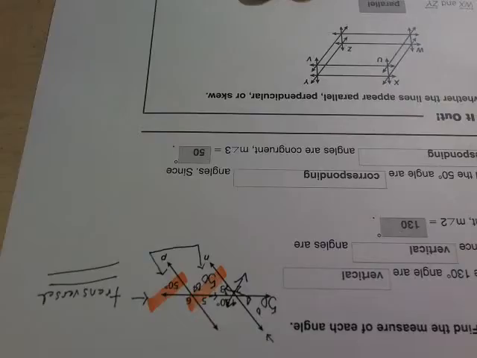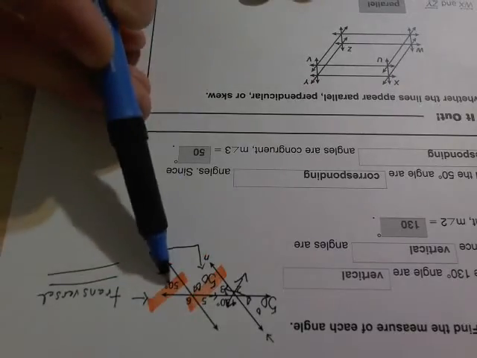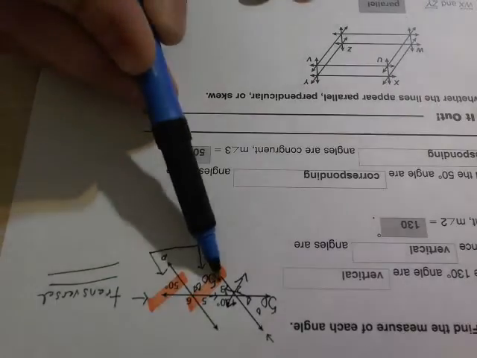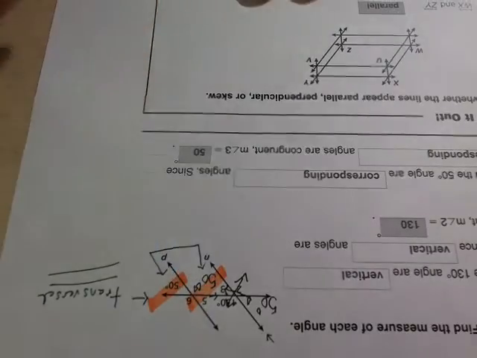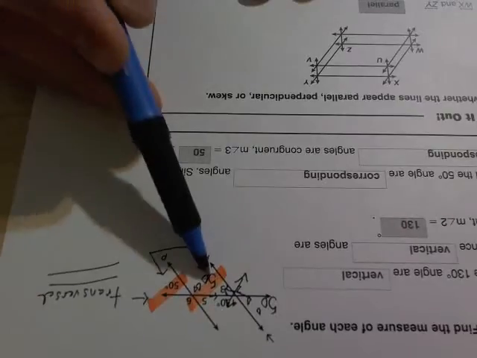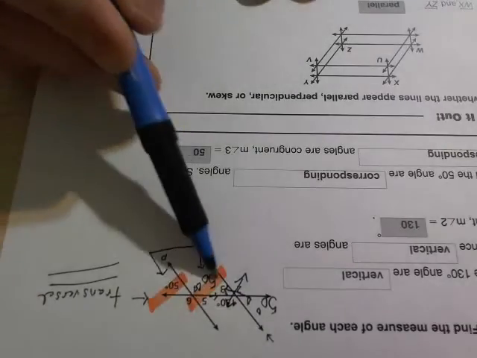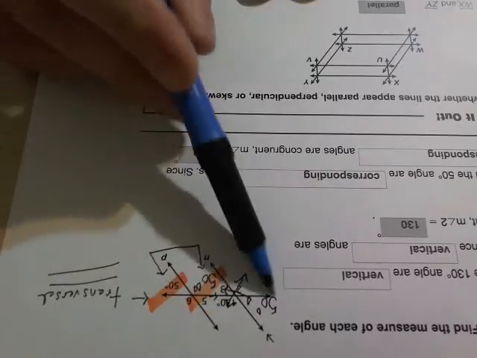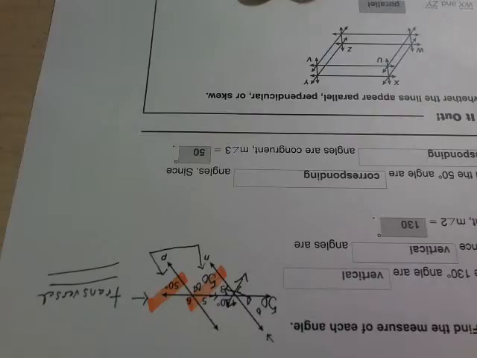Corresponding angles also have the property of congruence. So if I know one, I know both. What they did here to prove angle 3 is 50 degrees is they said that since this one is 50, and these correspond because they're both beneath the transversal and to the right of a parallel line, this one is also 50 degrees. And of course we vetted that by using the adjacent supplementary angles to find that the sum is 180 and this one must be 50. So there are lots of different ways to prove the relationships here.